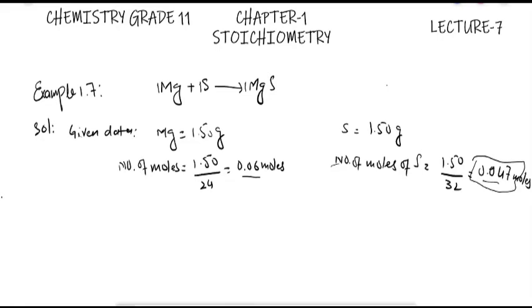And now we have to do the calculations from sulfur, and that is to find out the amount in grams of magnesium sulfide produced. So again, from balanced chemical equation, we know that 1 mole of sulfur, because we have to do the calculation from sulfur, that is the limiting reactant, 1 mole of sulfur produces 1 mole of magnesium sulfide.